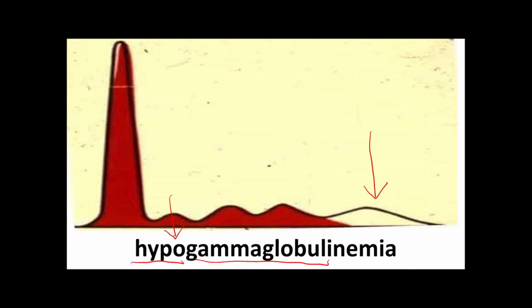Gamma globulin in the blood. The suffix emia means conditions relating to the blood. So the hypogammaglobulinemia is a type of primary immune deficiency disease, and usually this is genetics. And this is characterized by a reduction in all types of gamma globulins. That's why you have here a decreased antibodies in the gamma region.